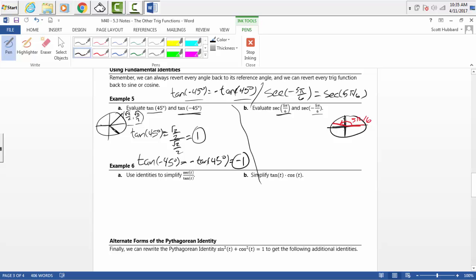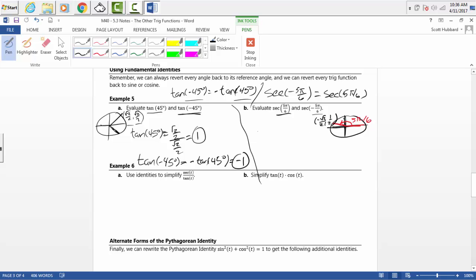And so the height is close to being 0, so it's 1/2, and it's positive. And in this quadrant, the x is negative. Oh, sorry, I messed that up. The y is 1/2. So the x is negative root 3 over 2, and the y is 1/2.